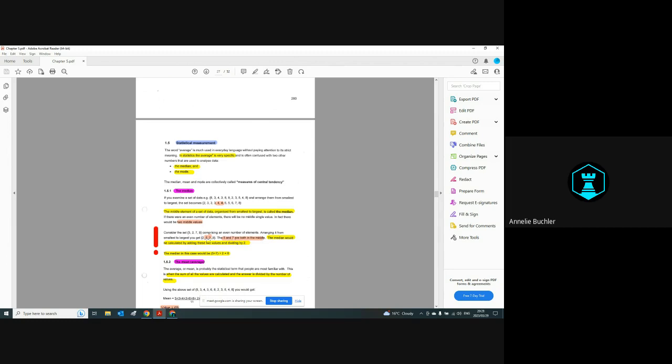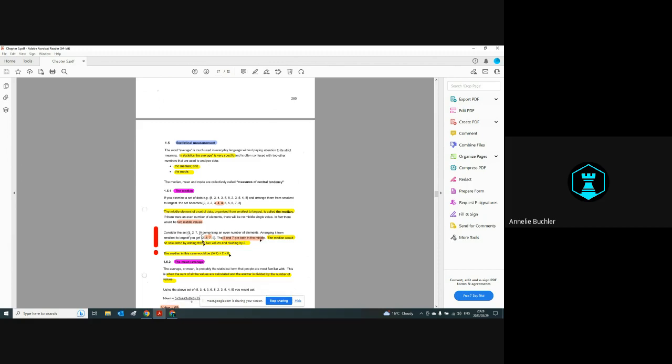If there was only 2, 5, 7, then 5 would have been the median. The median would be calculated by adding these two values and dividing them by 2. So you can say 5 plus 7 divided by 2 equals 6. Now that is the median.